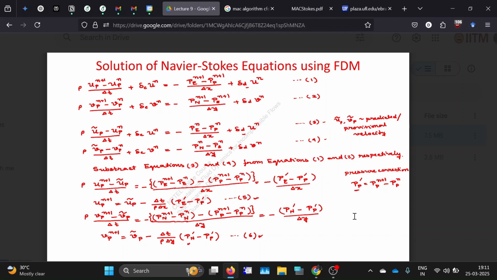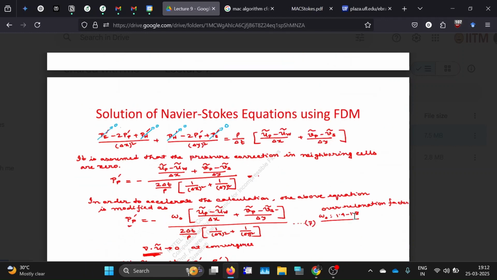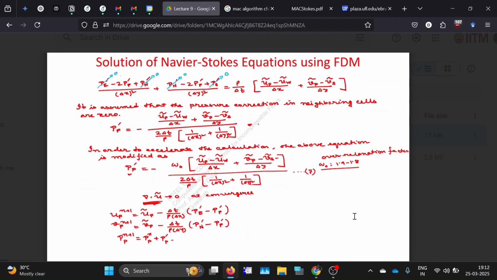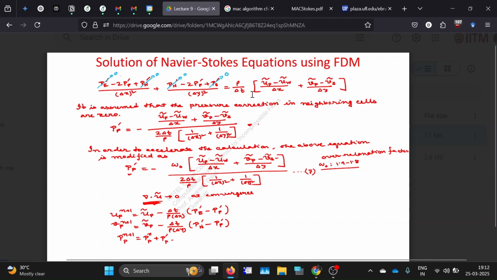And it was told that in the MAC algorithm, we made the assumption that all the nearby pressure corrections are zero. So how do we come up with this? Out of thin air. I just say, this is too complicated to solve, so I will ignore it.